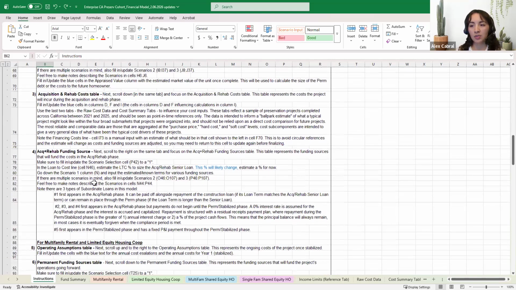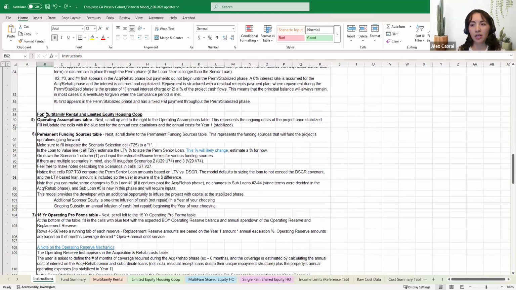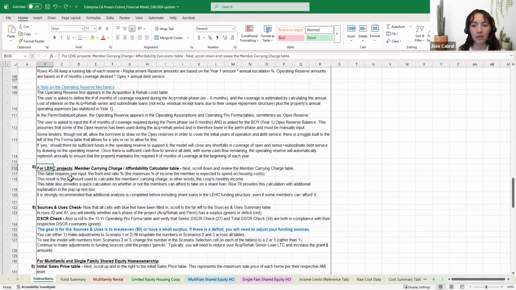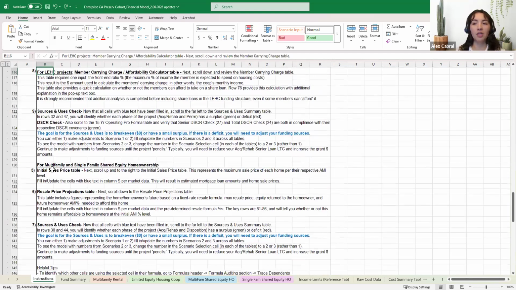As you scroll down, it has separate sections and it calls out other tabs that are not the multifamily rental tab to point out the differences in those tabs. But across all four proformas, they have a lot of commonalities. They will start to look familiar.